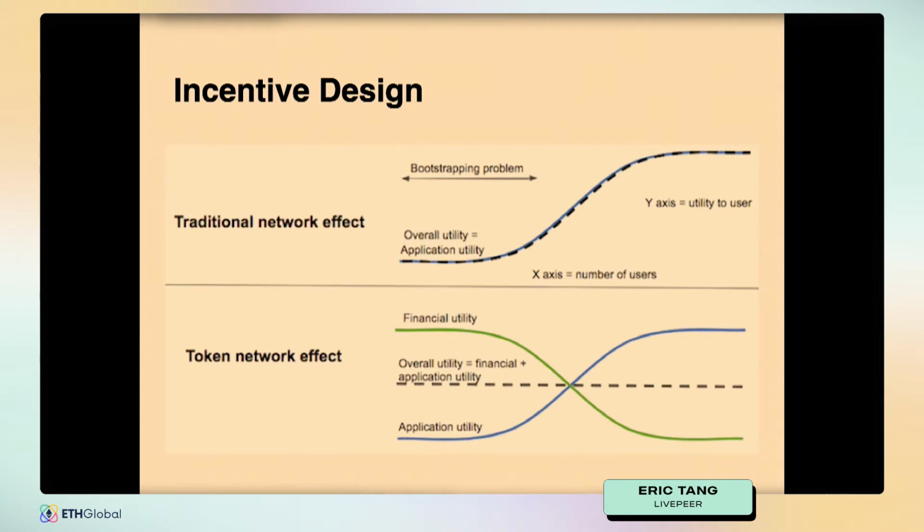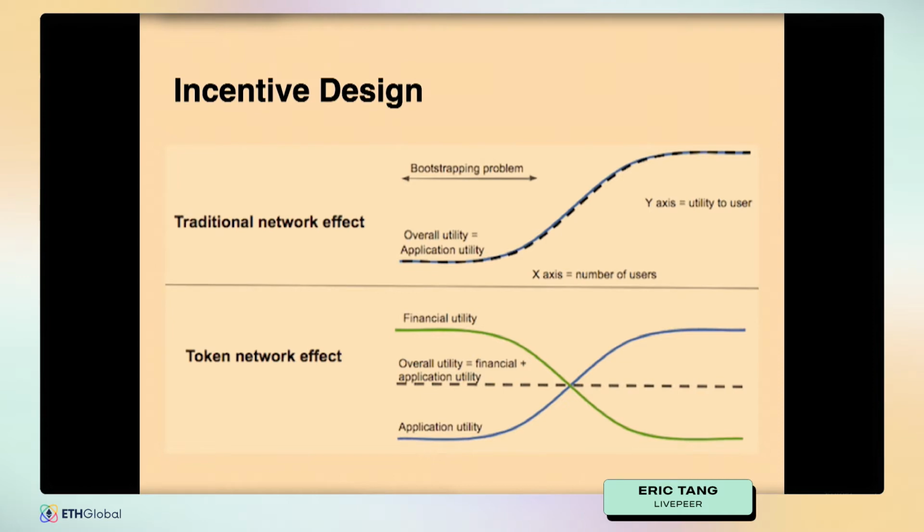And if you look at the network effect curve, right, the more users you have, the more valuable the application becomes. But in order for the application to become valuable, you need to have these users. So this bootstrap phase is really hard to get by, and is really, really costly for companies to build these user bases. Well, in Web3, we have this new tool that are tokens, right?